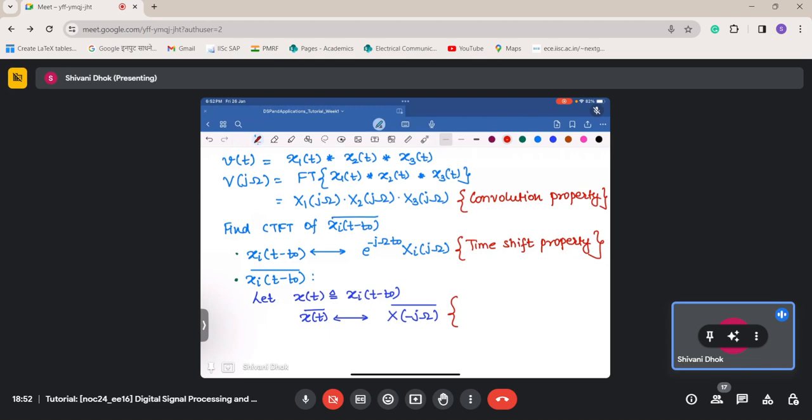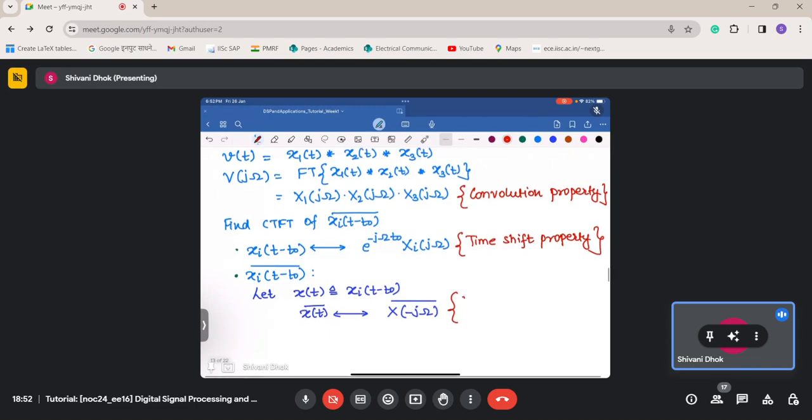This is also a property of the Fourier transform, the complex conjugate property.